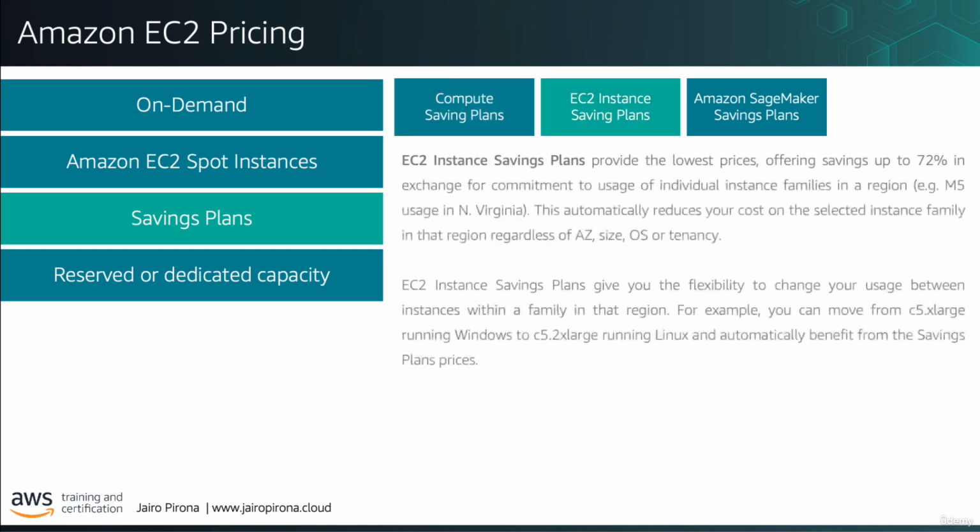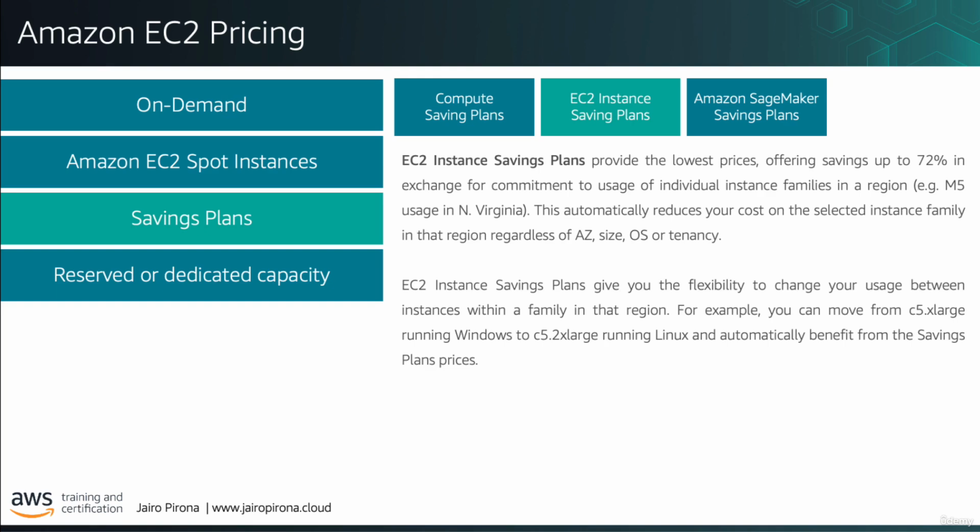Then you have the EC2 instance savings plans. So, unlike compute savings plans, this pricing model provides the lowest prices, but requires a commitment to use specific instance families in a region. This means that you can switch usage between instances within a family in that region, but not between different instance families or regions as you can with compute savings plans.